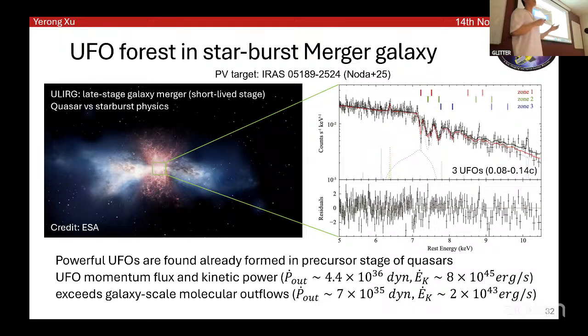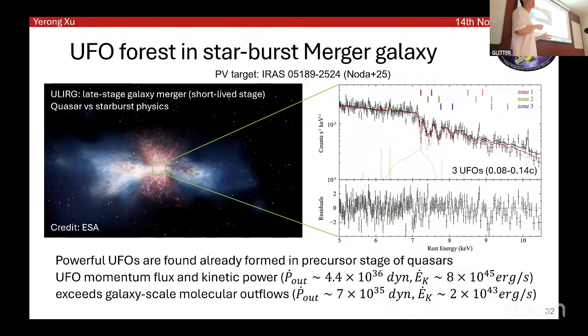This is a short-lived stage during galaxy evolution, and very crucial for us to understand the evolution of galaxies. So we are talking about the physics between the starburst phase and the quasar phase of galaxies.